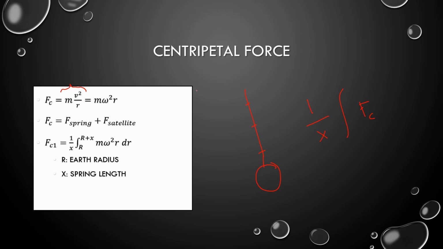As we know, the velocity is the angular velocity multiplied by the radius, and we know that the angular velocity of each point is constant, so we substitute the v in this equation and we get this, and now we only have to make the integral. In this step we also omit this force because it complicates the calculations.